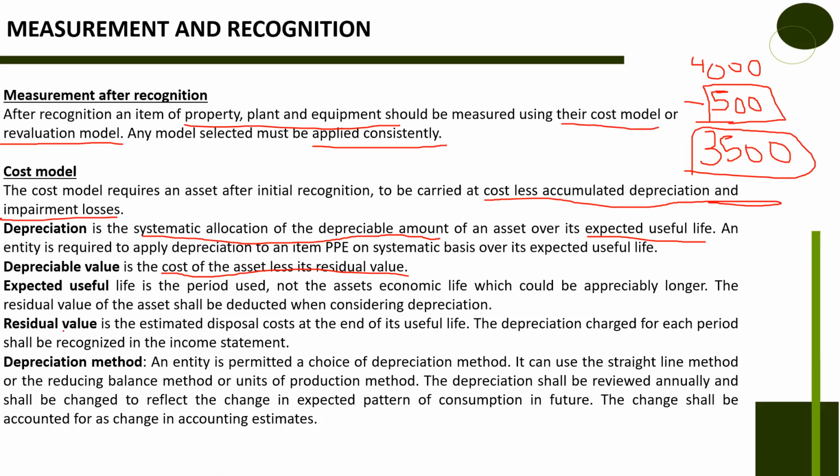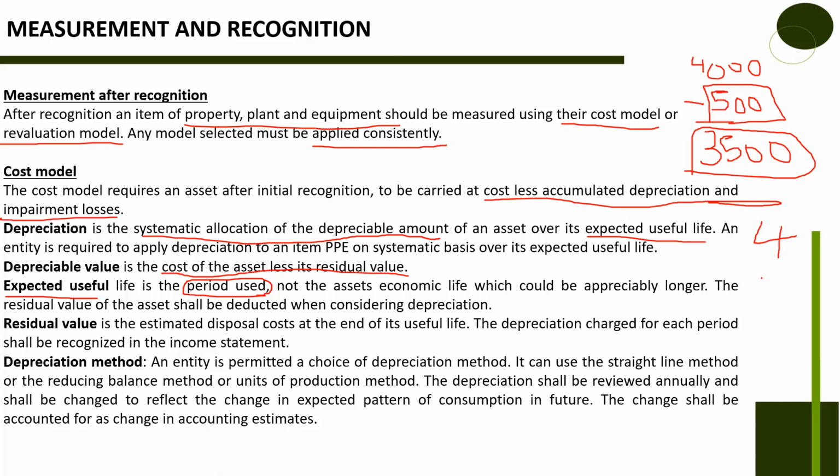Then what is residual value? Oh, let's look at the expected useful life first. Expected useful life is the period used, not the asset's economic life, right? It is the period that you intend to use the asset. The asset might have a longer life. For example, let's say you want to depreciate your machine for 4 years.